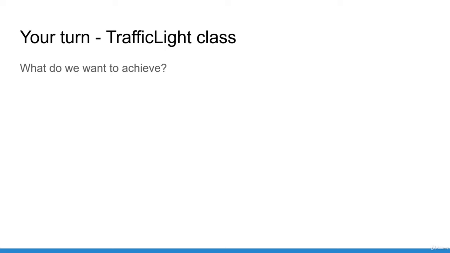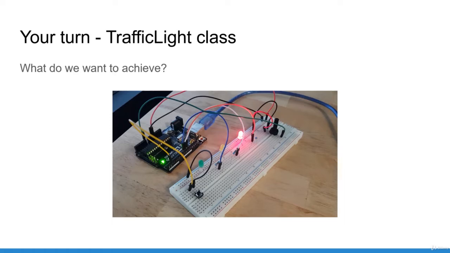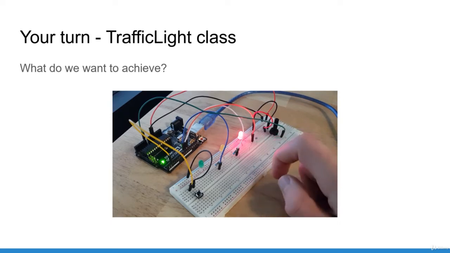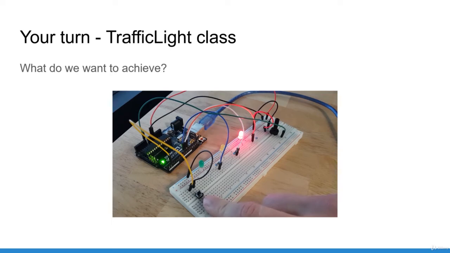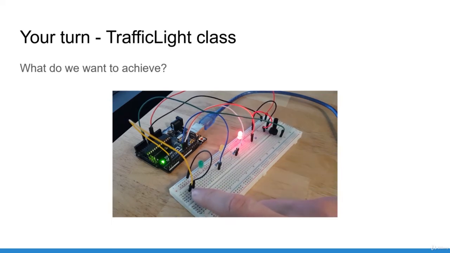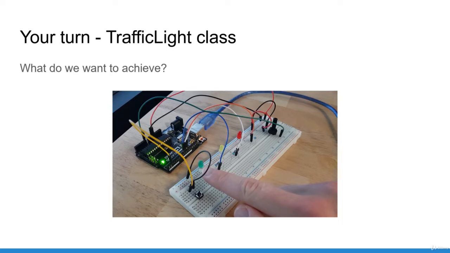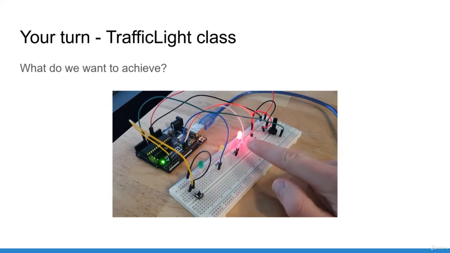So here is the final result we want to reach at the end of this section. When the program starts, it's going to have a first initial state, and this is the red LED powered on. And now, if you press on the push button, so you have to press on the push button to trigger the sequence, it's going to go to yellow here, as you can see, for 3 seconds, and then go to green for 2 seconds and blink then for 3 seconds before going back to red.